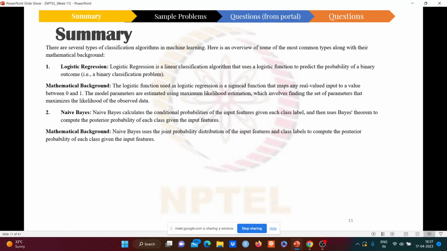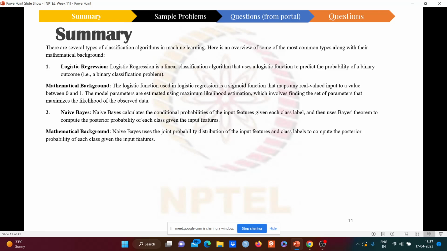Next is Naive Bayes. This is again a probability based classification algorithm which is based on Bayes theorem. It assumes that input features are conditionally independent given the class label, which is a naive assumption but simplifies the computation of probabilities.